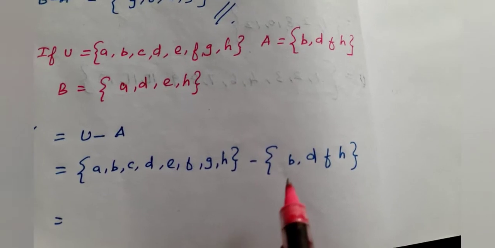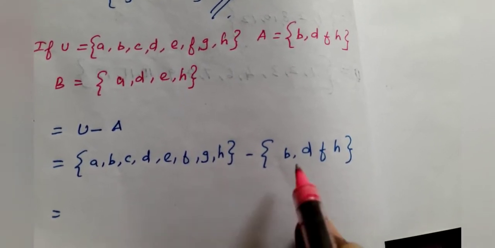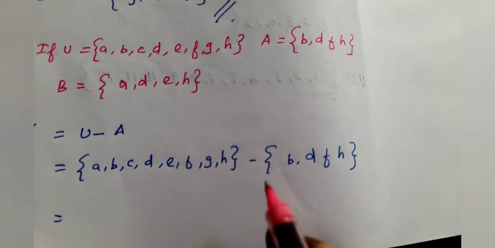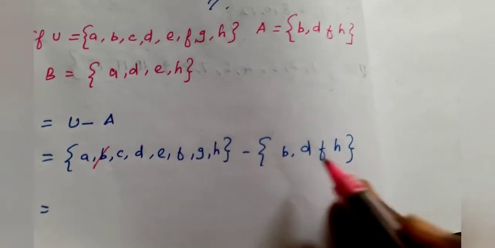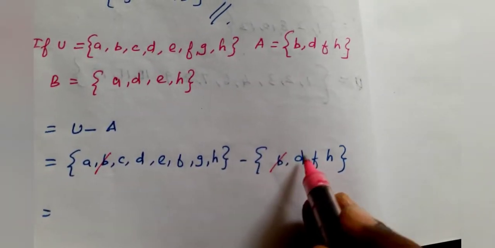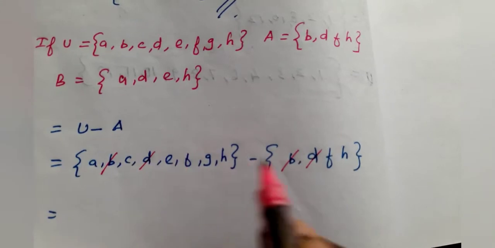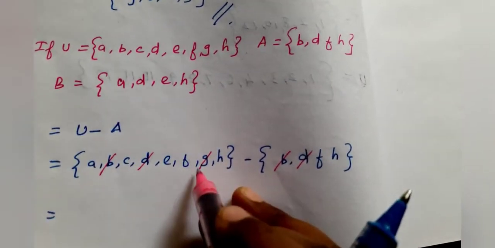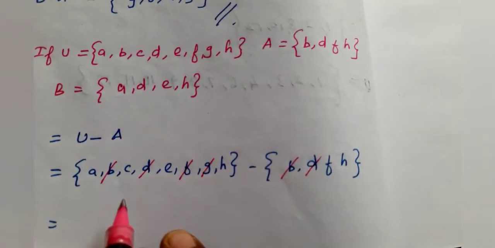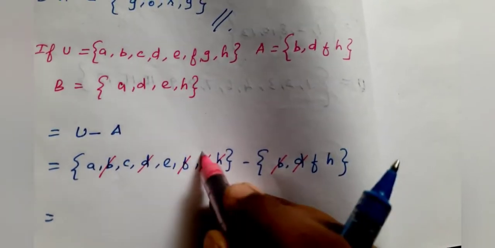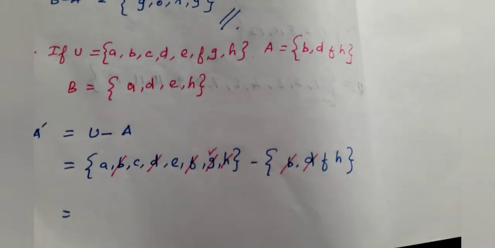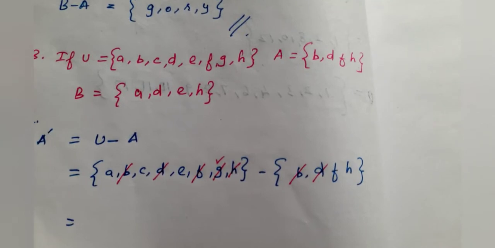We are going to subtract the elements of set A: B, D, F, H. So here is B, here is also B. Then D, there is also D. F, we have to cancel.